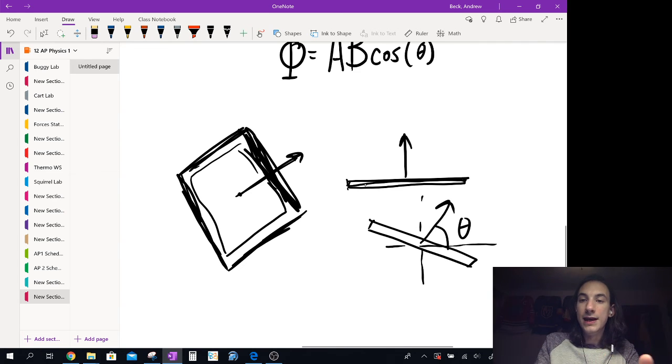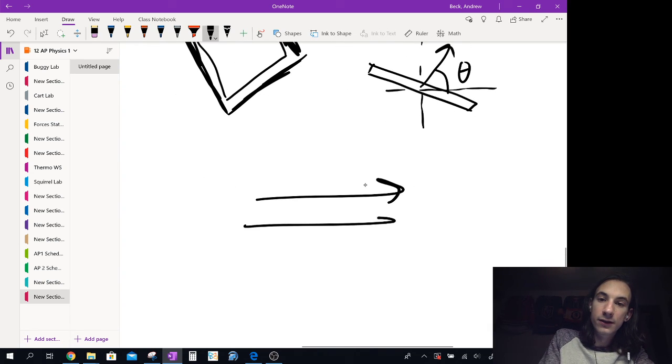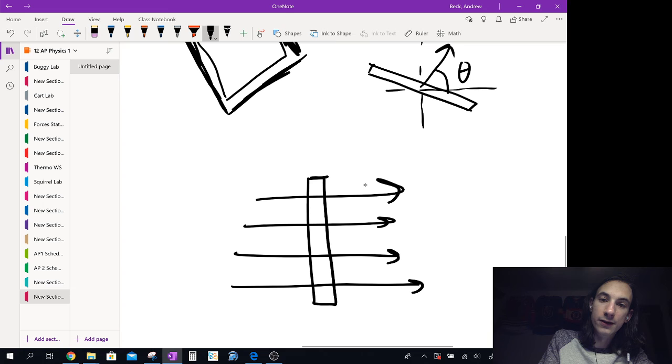So if we have an angle with our magnetic field of 0 degrees, so if this theta is equal to 0, then we have a maximum. We're getting a bunch of area, a bunch of magnetic field passing through it. And if we change it so that we have an angle of 90 degrees, then we have no magnetic field passing through. So let me just quickly, here's my magnetic field. I may have defined the wrong angle, let's see.